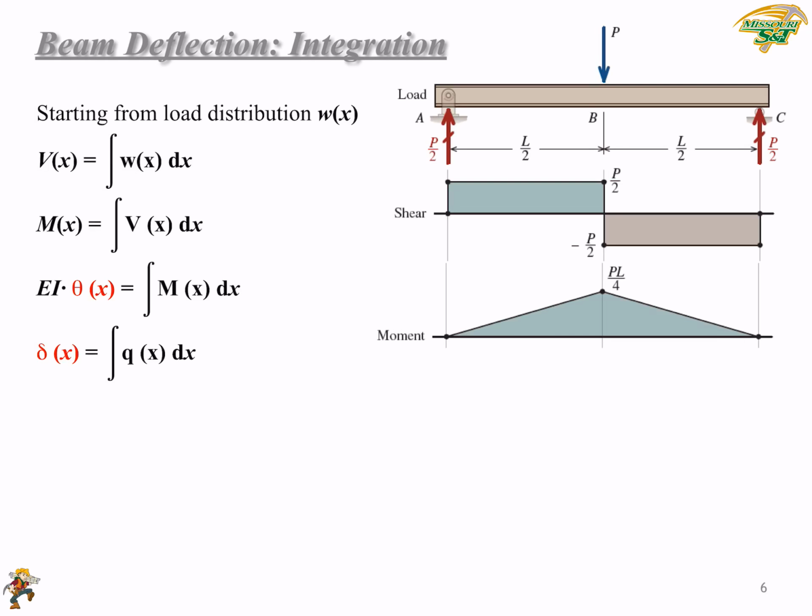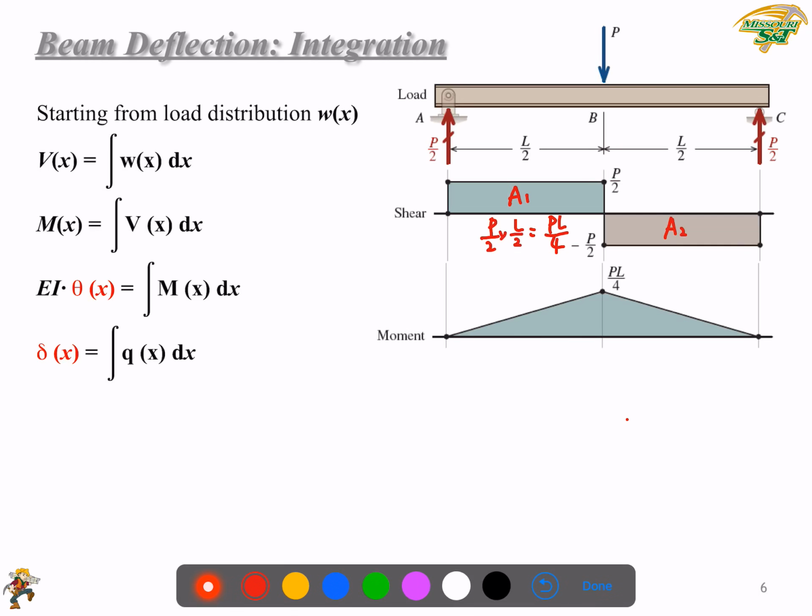Then starting from the shear diagram, to draw the moment diagram, you start at 0, since you started from a pin support, and you add the PL over 4, and then the value at point B is PL over 4. Then you use a straight line to connect these two points. Then you reduce the same area to point C. So you got the moment diagram.